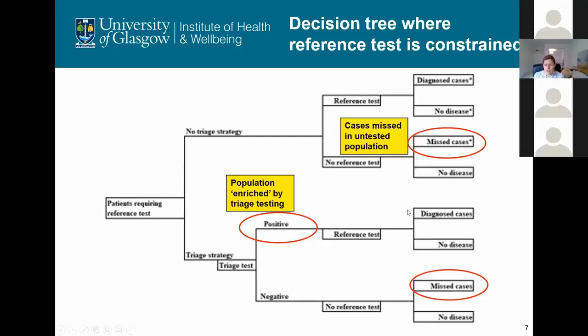And so we're actually diagnosing a greater number of cases. We've still got missed cases, but I'm indicating here that missed cases becomes a little bit of a red herring, because actually under the triage strategy, we're diagnosing more cases than we would under the no triage strategy. So the metrics change when the test is constrained.